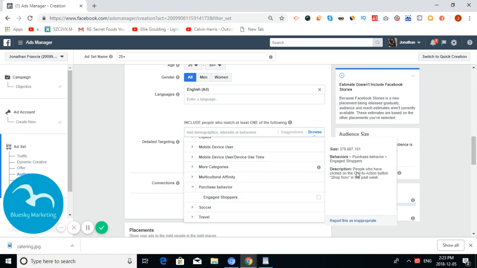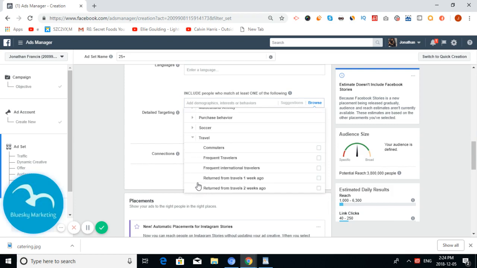And that is people who have clicked on the call to action button, shop now, in the past week. That could be huge for online sales, as Facebook is able to really comprehend and see who is clicking on call to action buttons that are associated with buy now. Right? So if you have either an e-commerce store, a physical location, we all want customers for our business. You could really utilize that option.